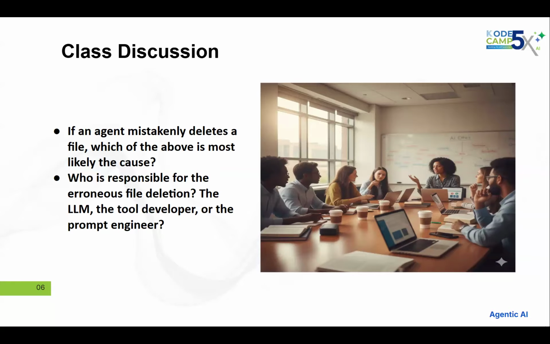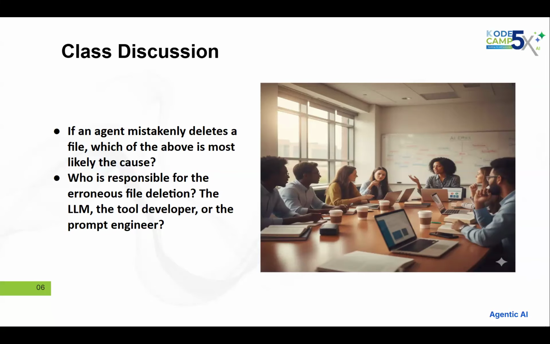Okay, so from my point of view, I would have said it is the tool developer. But I was also thinking, is it not the developer who wrote the lines of code to ensure that a specific action happened within a particular state?